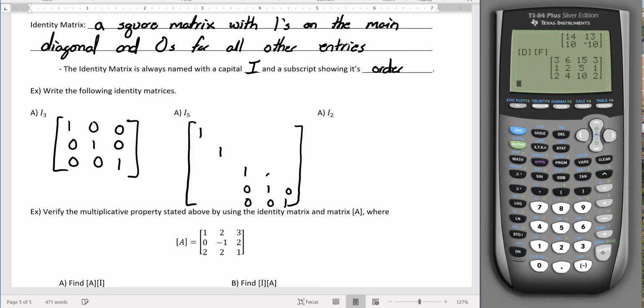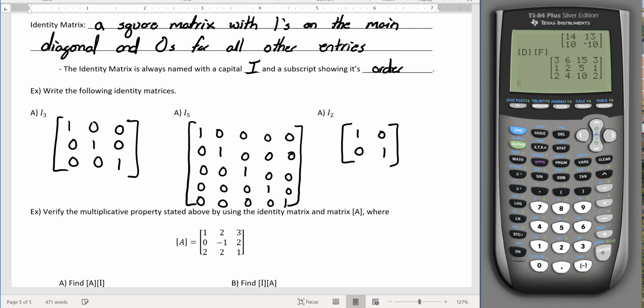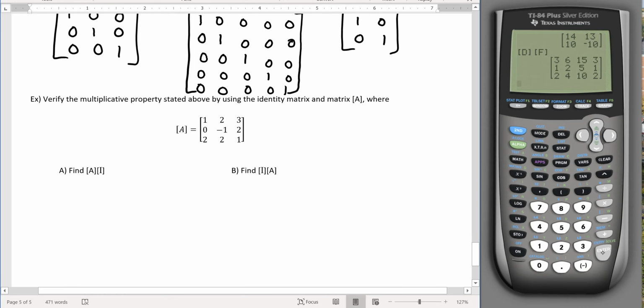Lots of zeros. There you go. There's the I5 identity matrix. I2, a 2 by 2 matrix, like so.